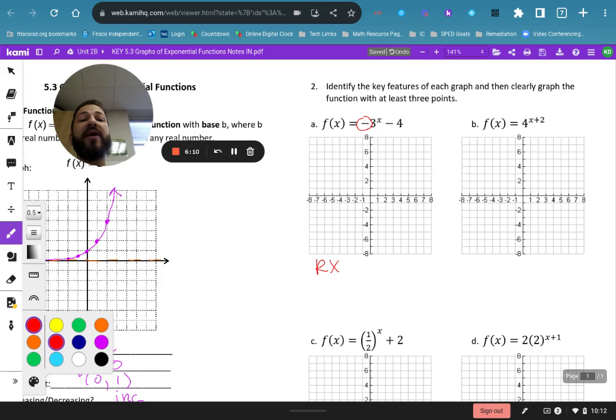That's my a value. The other piece I have is this negative 4, which means I am going to be shifting down by 4, and my asymptote is going to shift down to y equals negative 4. So your d value does double duty with our exponentials. It's going to shift up or down as well as change the asymptote. So we're going to add that asymptote on here at negative 4.